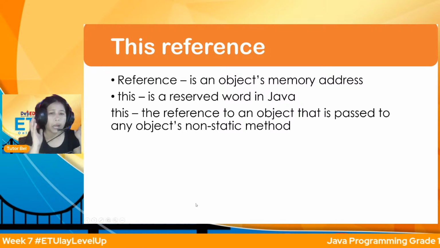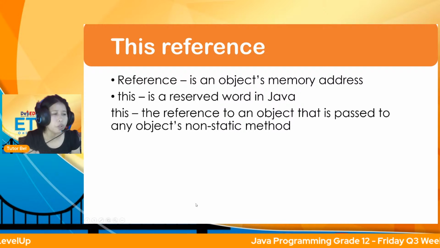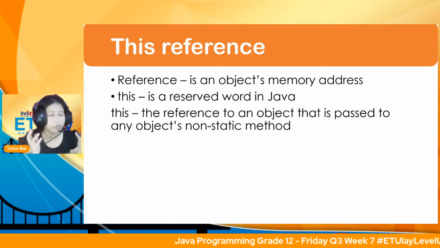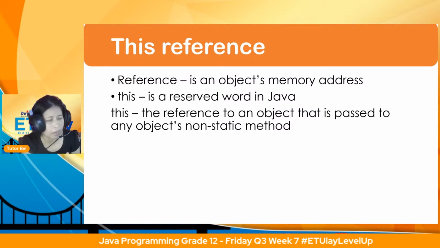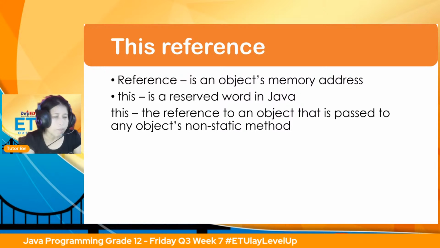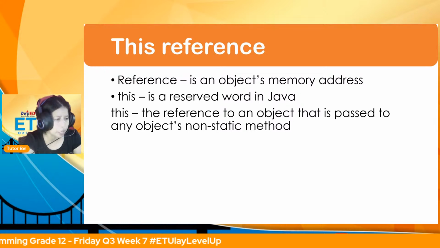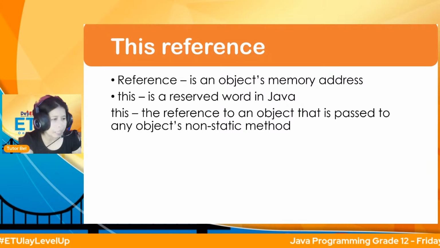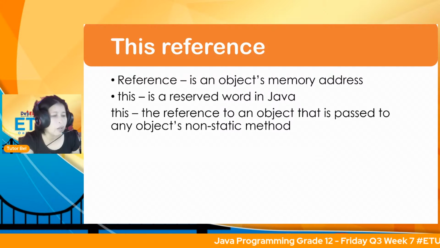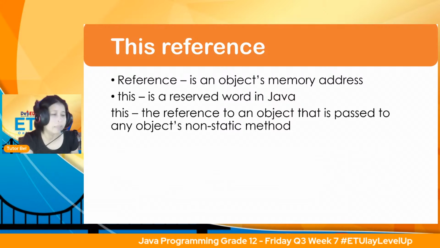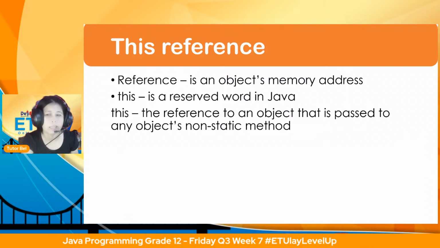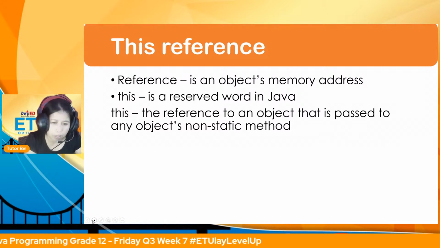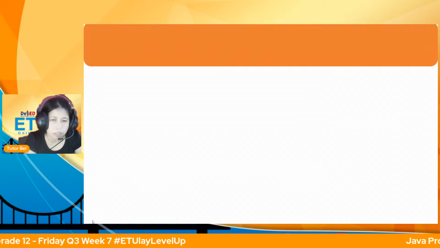We want to refer to something, to a memory address. So we use the reserved word in Java, this: the reference to an object that is passed to any object's non-static method. So here is an example.